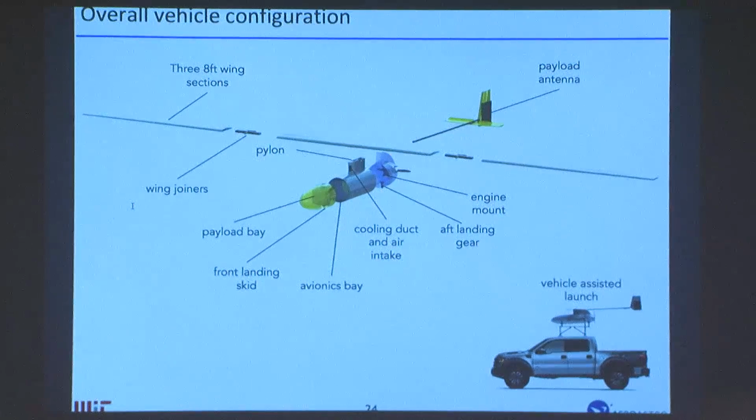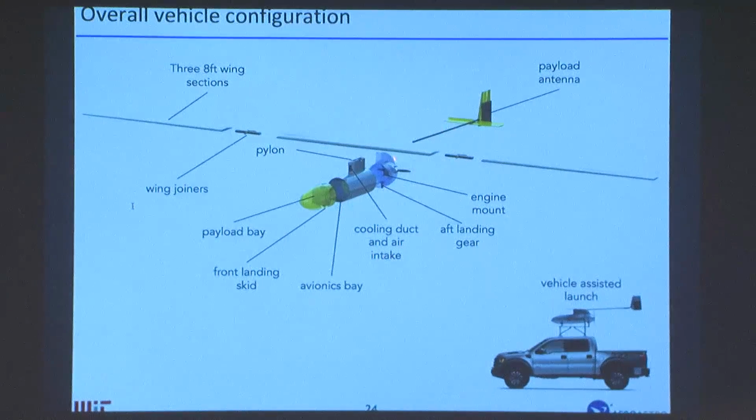It's a pusher configuration, so the engine actually pushes the airplane through the sky instead of pulling. This pylon functions as a cooling duct and air intake for the engine. And then there's a 24-foot wing on top, which breaks into 3 8-foot sections for transport. We have these wing joiners that allow that to happen.